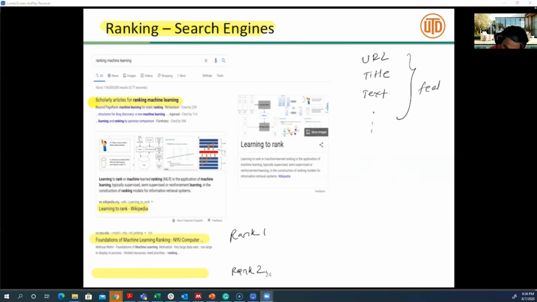And then my output label is basically a ranked list of pages, right? So I select basically page ID, page 1, page 2 until page 10, for example, right? And I want to select which of these pages are ranked 1 to 10.